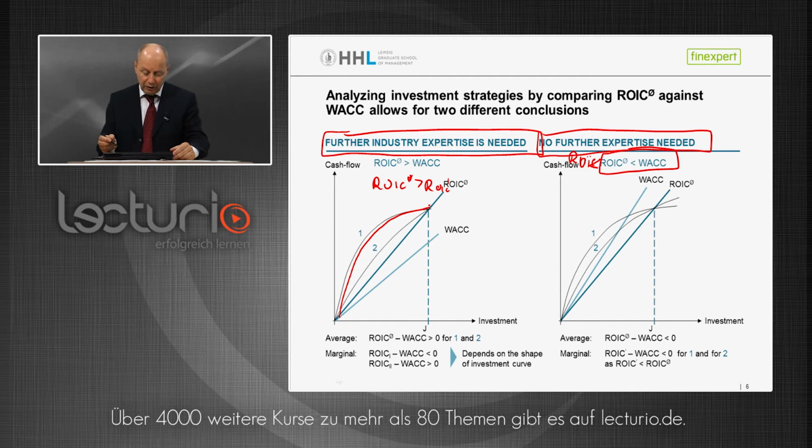So you see here the investment opportunity line 1 carries the same average rate of return as the investment opportunity line 2. But you see that obviously the slope, the marginal rate of return of the investment opportunity line 1, is already quite flat compared to the WACC.